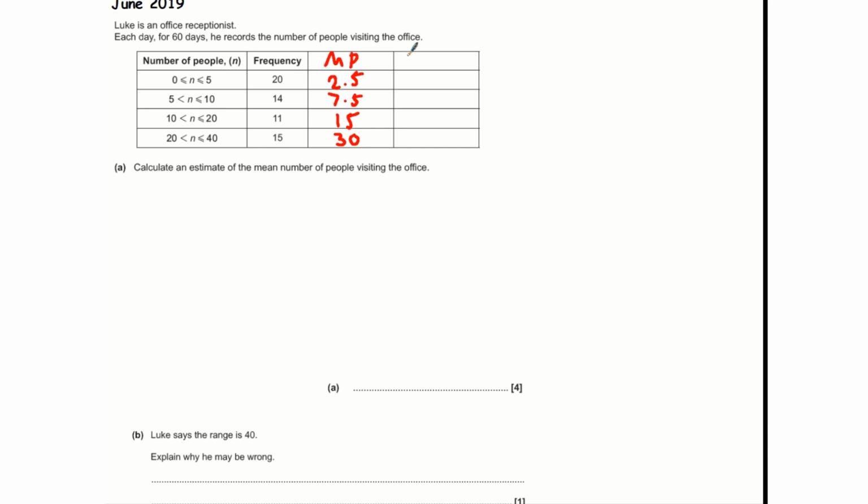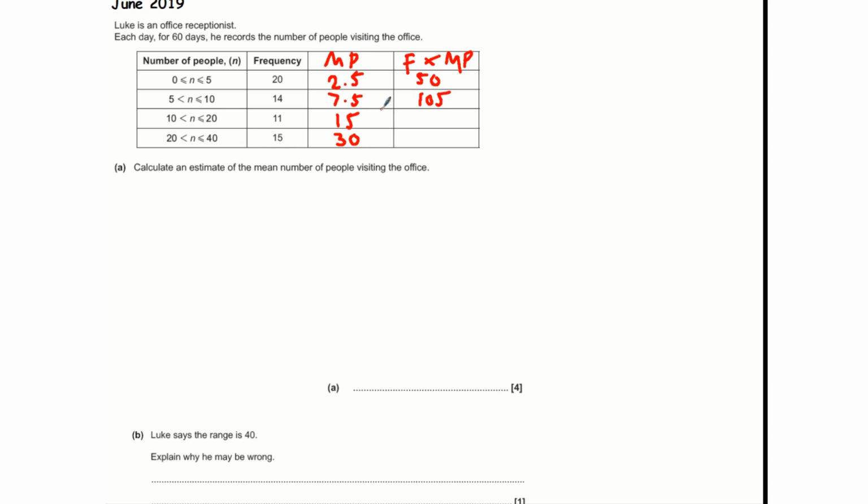So now I'm going to multiply the frequency by the midpoint. I do the frequency, which is in this column, multiplied by the midpoint. So I do 20 multiplied by 2.5, which is 50. I do 14, and you can do this all on your calculator, times 7.5 equals 105.